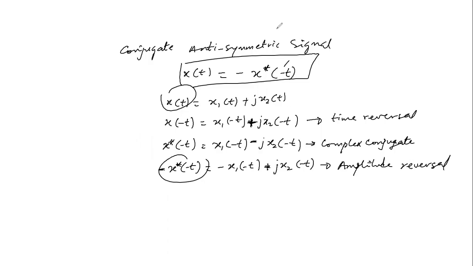Let's check an example. Now we've talked about time reversal. Just like time reversal, here we are going to be multiplying the amplitude of the signal itself by a parameter. So we say that amplitude reversal is a special case of amplitude scaling.